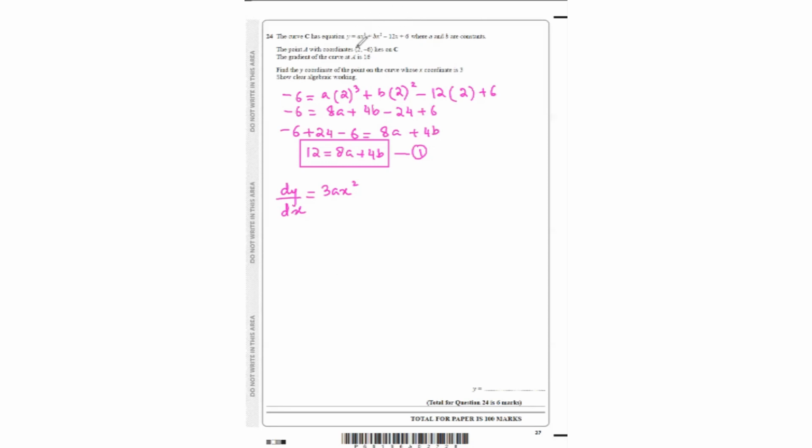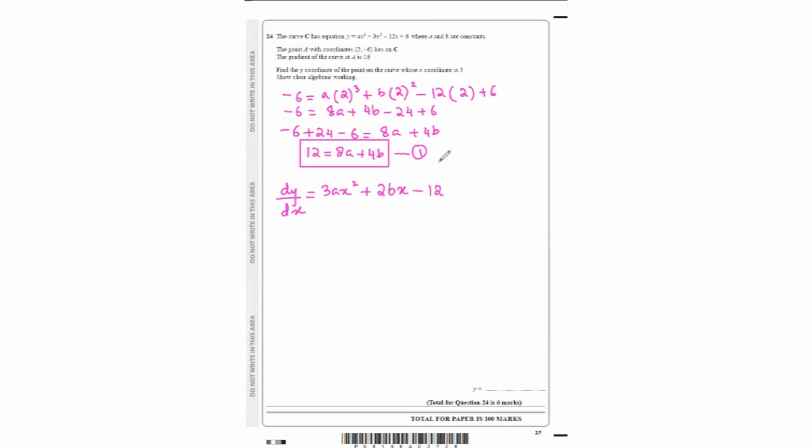So I brought the 3 down, so it became 3ax, and subtracted 1 from the power, so the power of 3 became 2. Similarly, for bx squared, the 2 comes down, so it becomes 2b, and then x has a power of 1 because 2 minus 1 is 1.